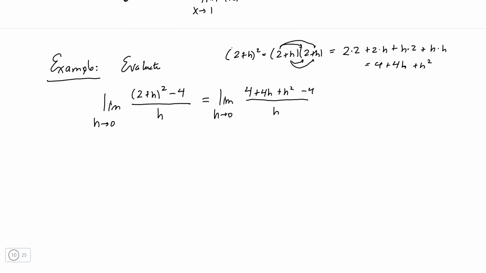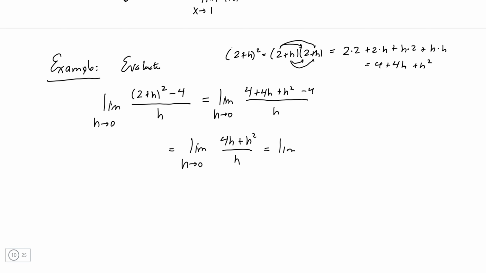Now notice that the 4's in the top cancel out, so this becomes the limit as h goes to 0 of (4h + h²)/h. And now I still can't plug in. If you look at the beginning, we couldn't just plug in h equals 0, because on the top I'd get 4 minus 4, which is 0, and on the bottom I would get 0. Here we still have the case: if I plug in 0, I get 0 on the top and 0 on the bottom.